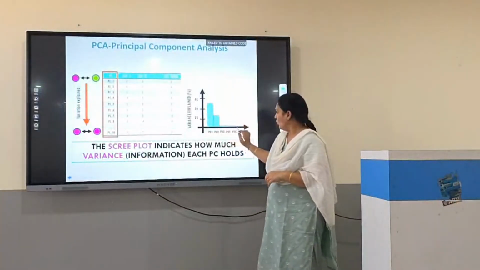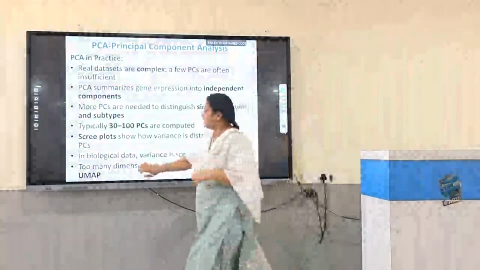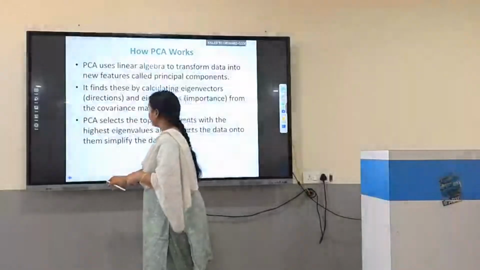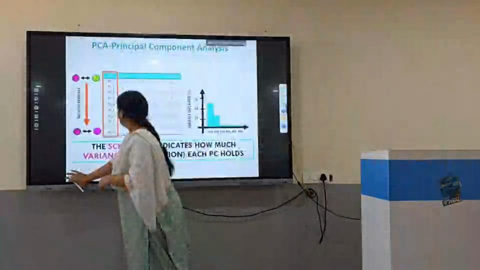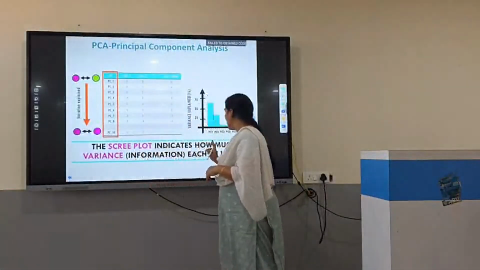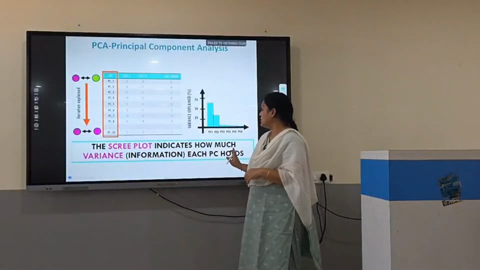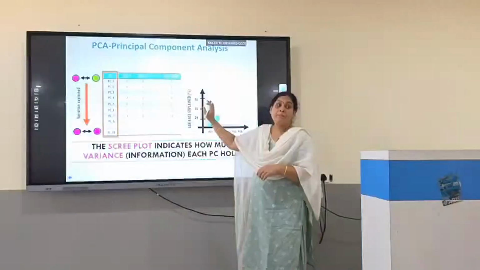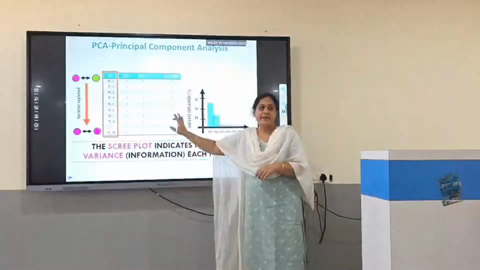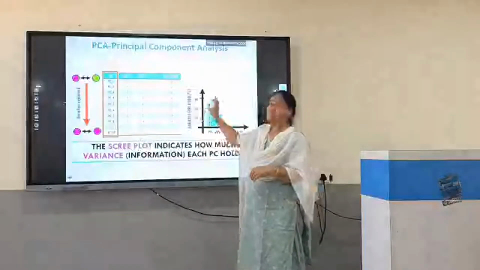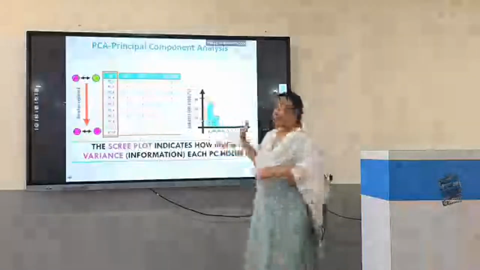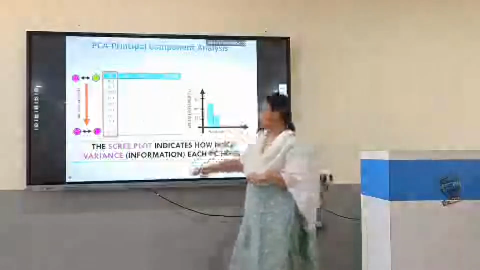PC3 is low. So the scree plot indicates how much variance information each PC holds. PC1 holds 73% of the knowledge from your original data set, and so on. Understood?